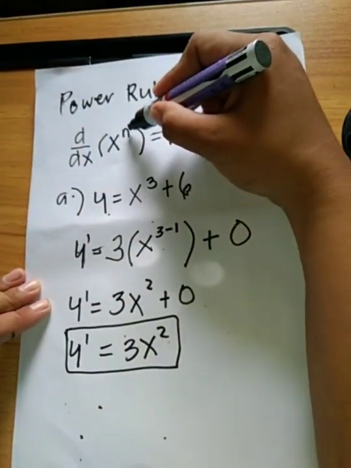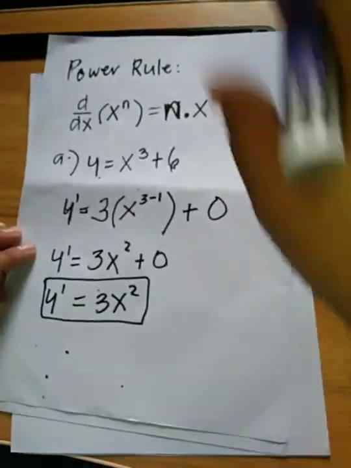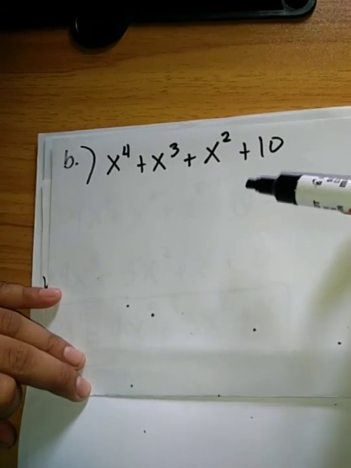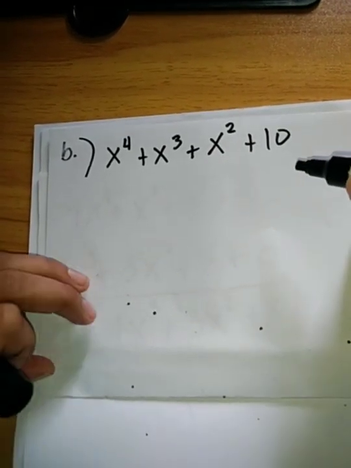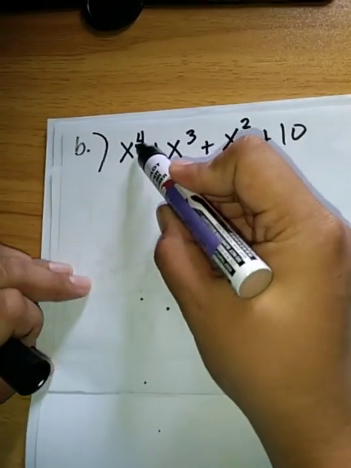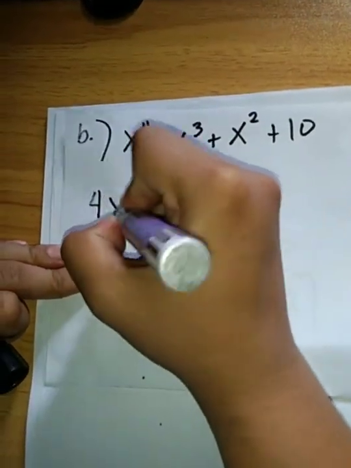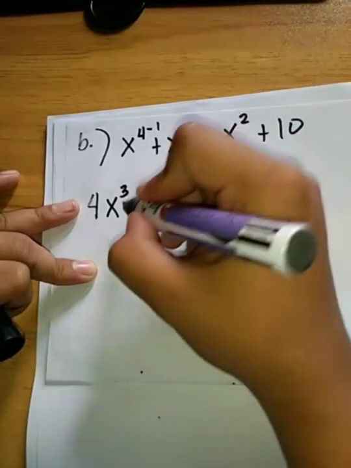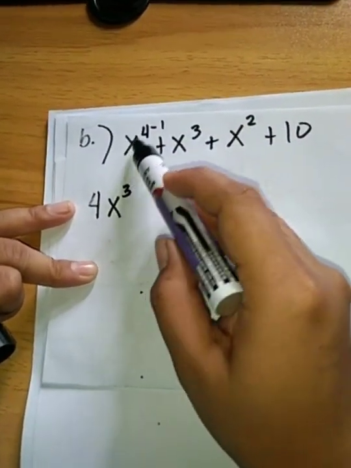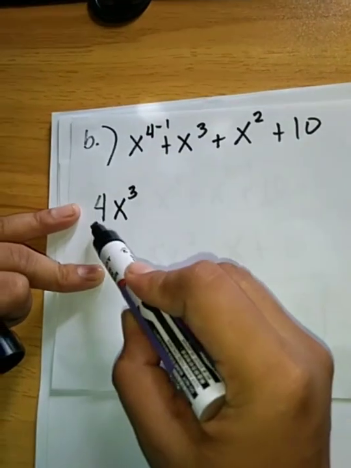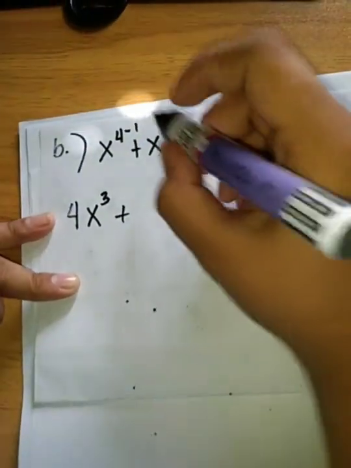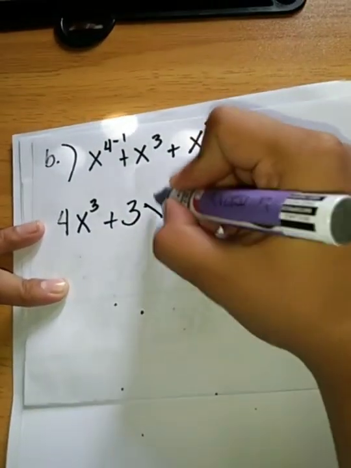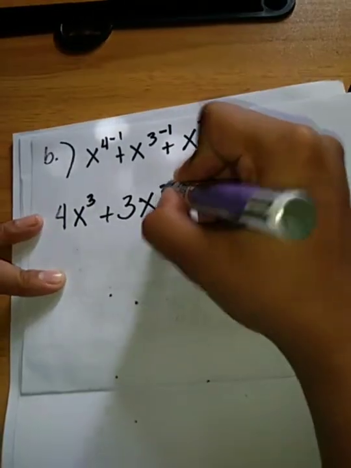This n, guys, can be any exponent, okay? Just to be clear. So this is the second example that I am going to use so that you understand how to apply the power rule. X raised to the power of 4 becomes 4x, then 4 minus 1 is 3. So x raised to the power of 4 is going to be 4x cubed. Plus x cubed is going to be 3x, 3 minus 1 is 2.